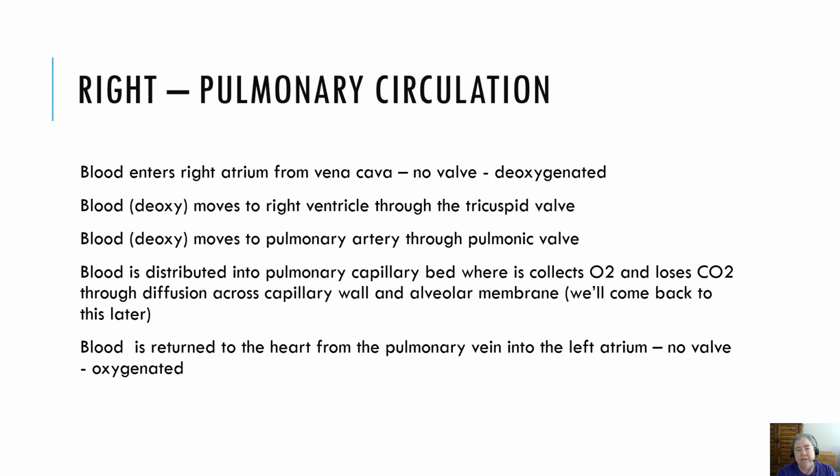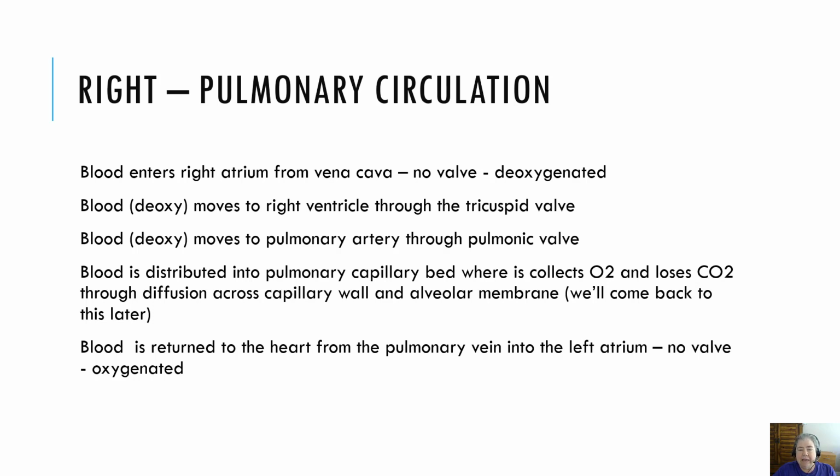That blood then is distributed throughout the pulmonary capillary bed, surrounding the alveoli or the air sacs of the pulmonary system. And here it collects oxygen and it loses carbon dioxide. And the oxygen is diffusing in and the carbon dioxide is diffusing out. How they are carried is something we'll talk about later.